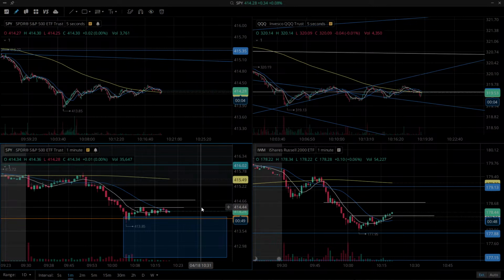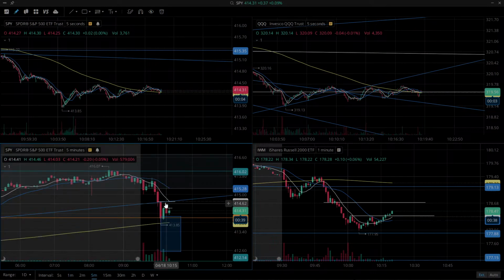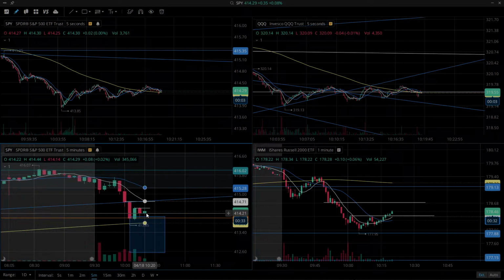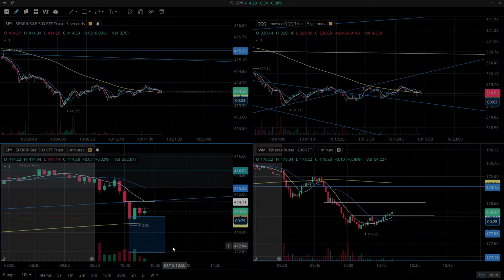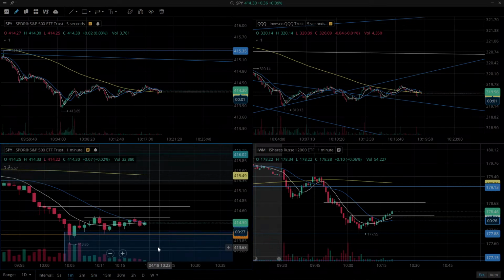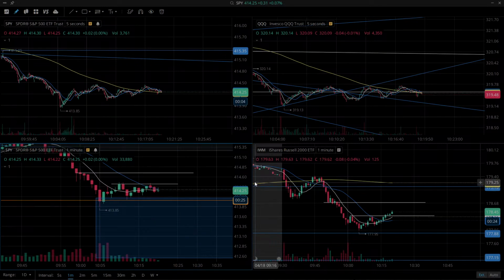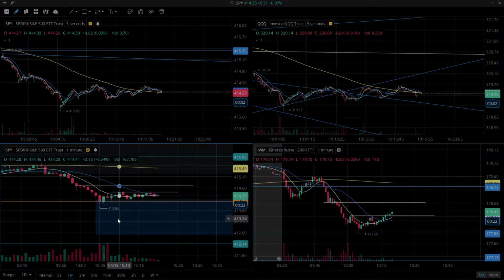If you're looking at the 5 minutes, take that big bar at 10:05 and measure that bar, and that's your measured move target basically. Yeah, this guy here. And the funny thing is you can set that whole thing up, and it becomes about half the box here.